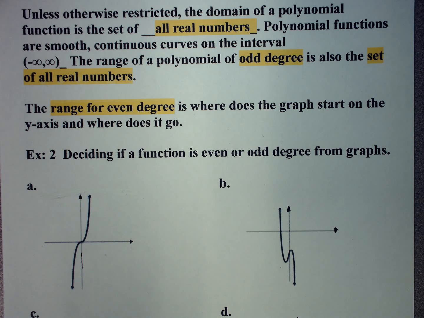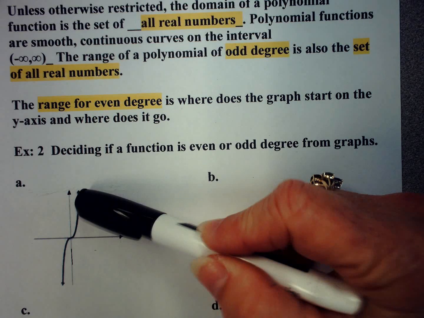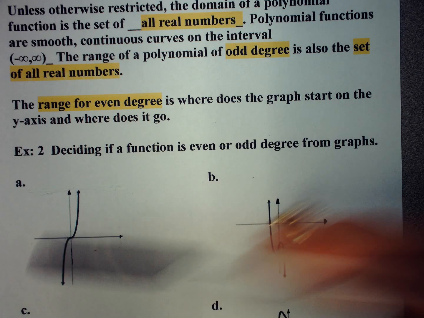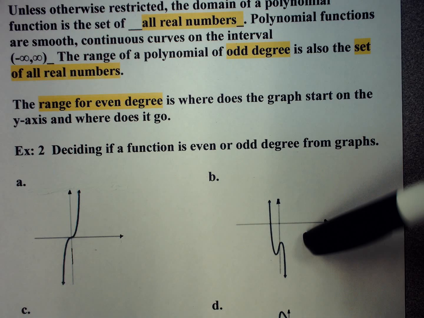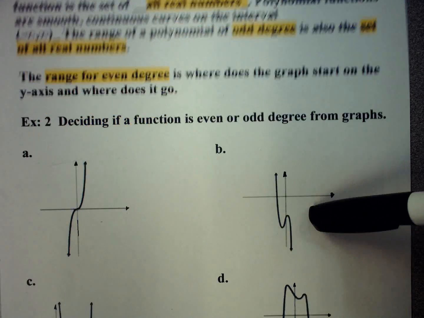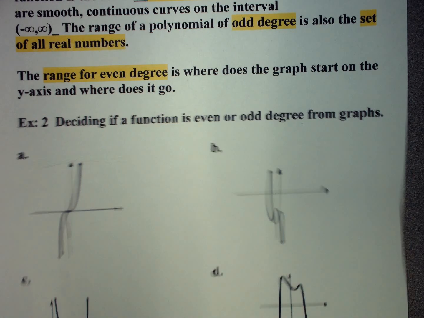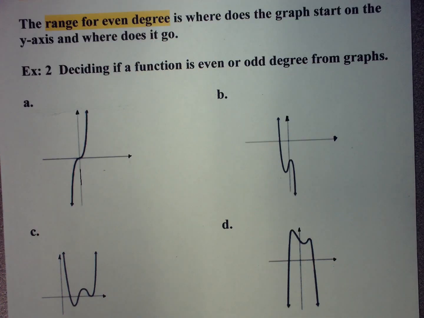So when you're looking at this again, if both ends are going in opposite directions, like this one, if this right-hand side is going up and the left-hand side is going down, those are going to be odd functions. Okay, when they both go in the same direction, like C and D, both sides of C go up and both sides of D go down.